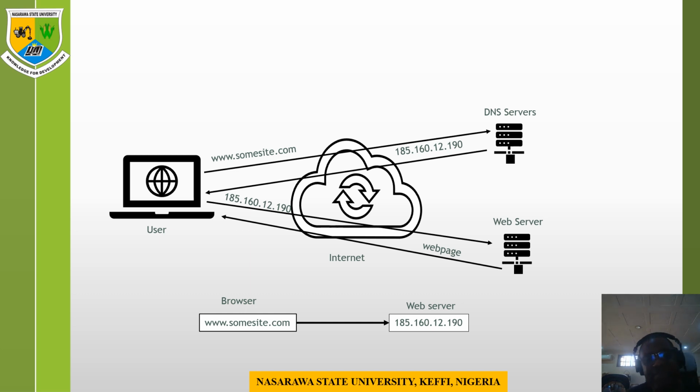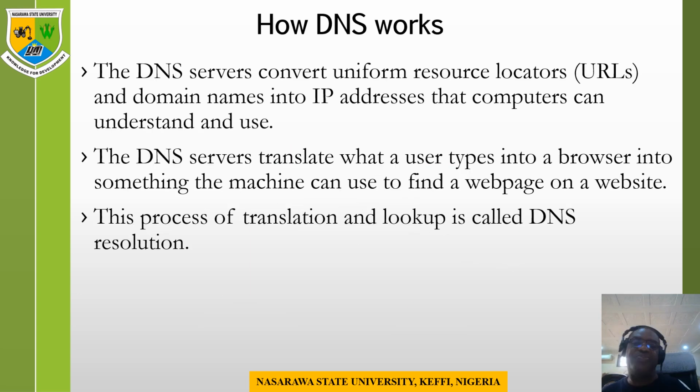So in the browser we only type a friendly name, sometimes somesite.com. But with that, a computer cannot communicate to a computer. So for it to communicate, it must go and look for the IP address of that computer. So here we're looking at the IP address of the web server, and it has to be retrieved from the DNS server for it to be able to function.